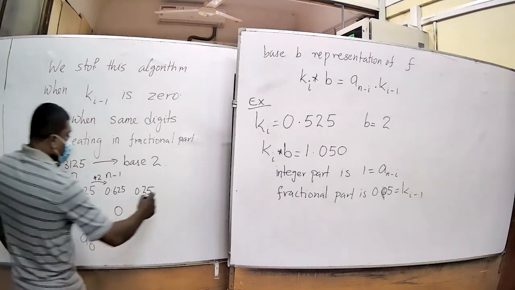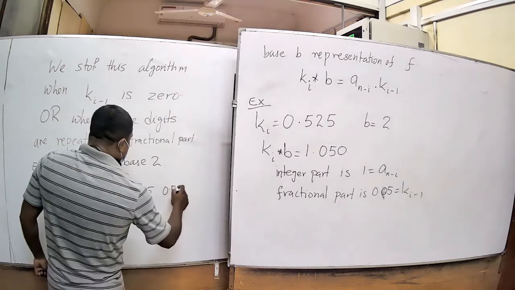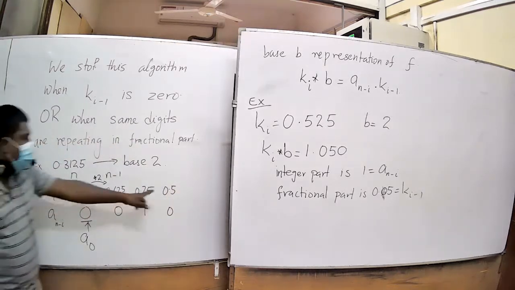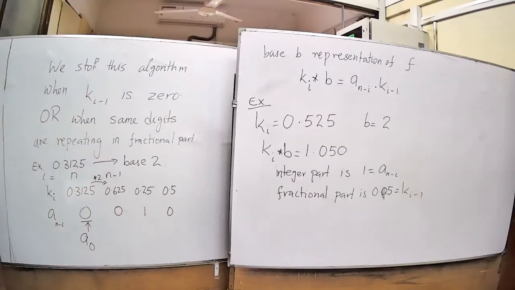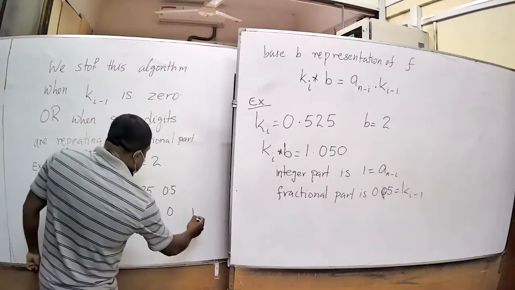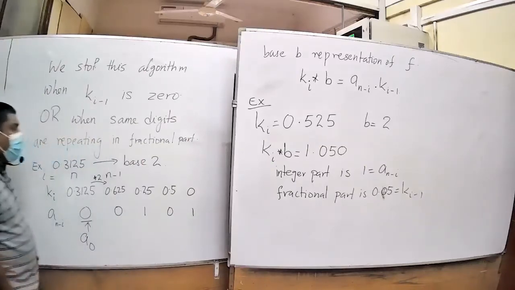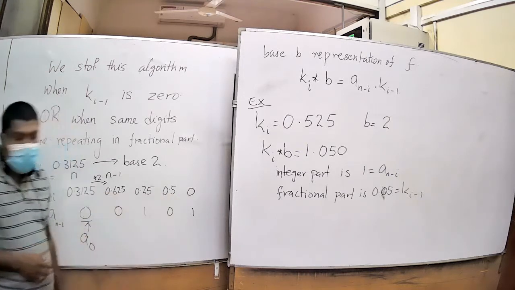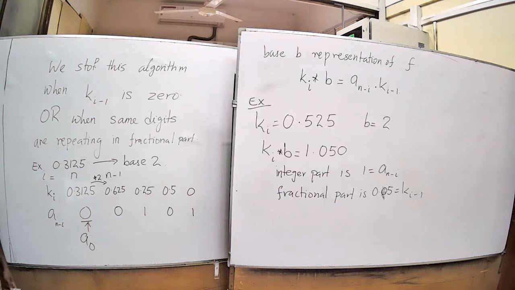Again, you multiply this by 2, so you get 0.5, so the integer part is 0. You multiply this by 2, you get 1.0. So 1 is the integer part, and the fractional part is 0. When you see 0 in the fractional part, you stop the procedure.